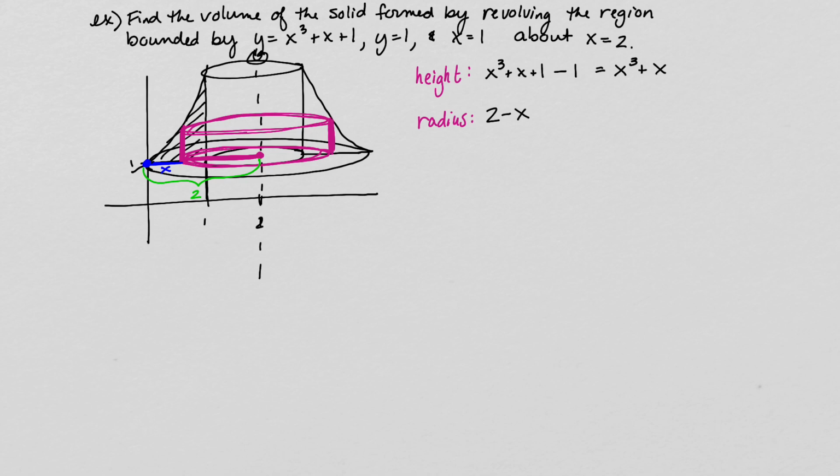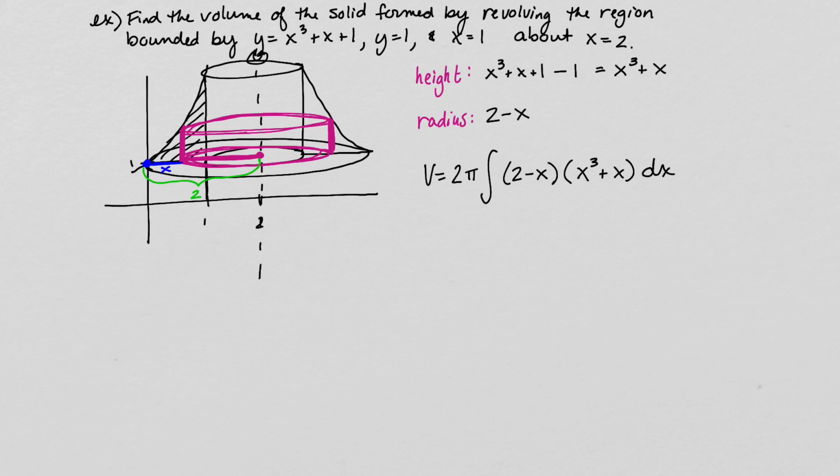No? Okay, so then the volume is going to be 2 pi times the integral. The radius, we said, is 2 minus x. The height is x cubed plus x. And then we rotated, not around the y-axis, but around something parallel to the y-axis, so that's why we're doing dx.